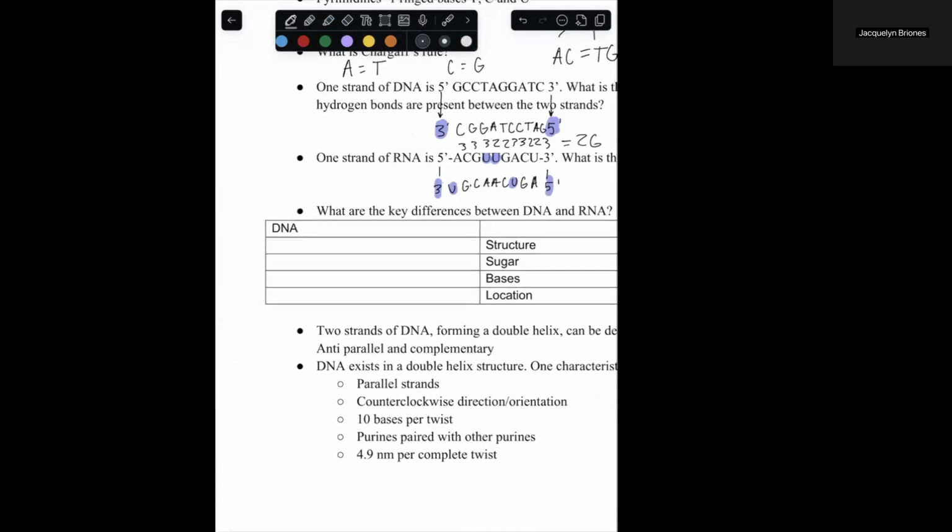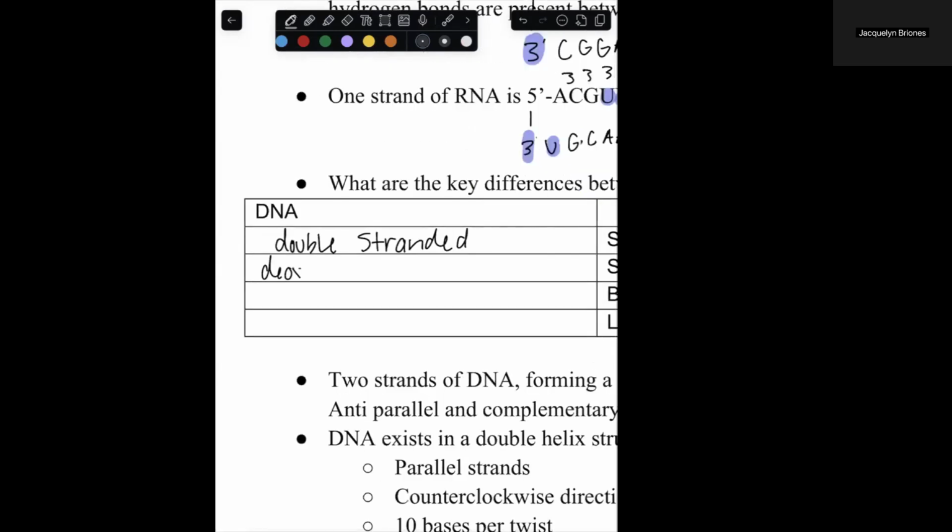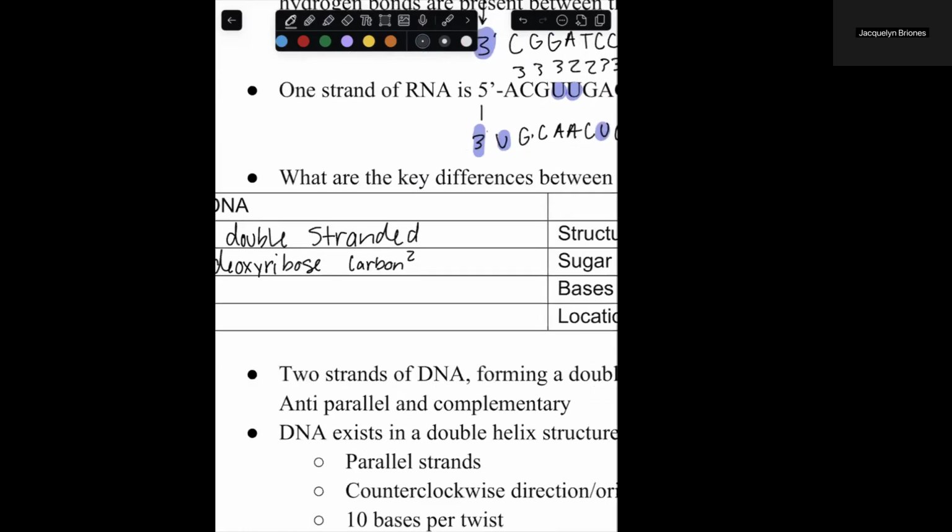What are key differences between DNA and RNA? Structure: DNA is double-stranded. The sugar is deoxyribose, and that is because carbon 2 does not have a hydroxyl.